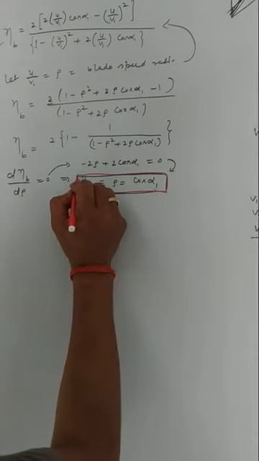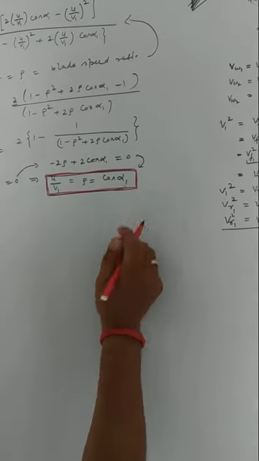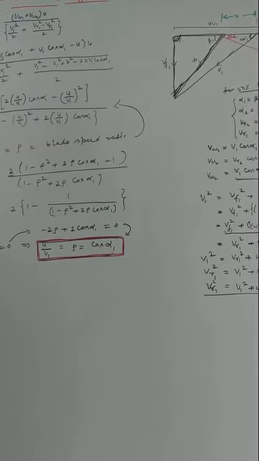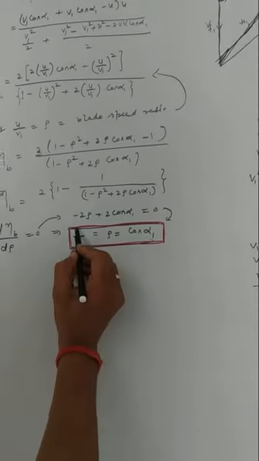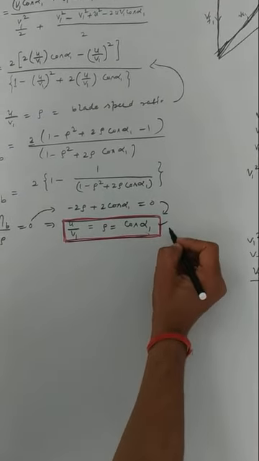So finally we will get the condition for maximum blade efficiency. For maximum blade efficiency, this blade speed ratio u by v1 is equal to rho is equal to cos alpha 1.